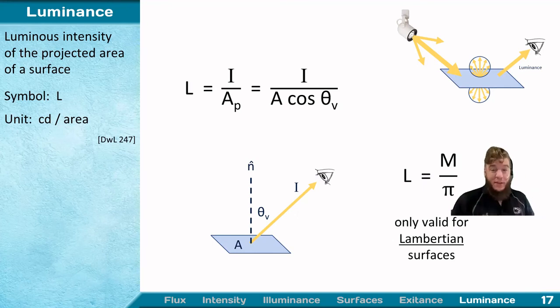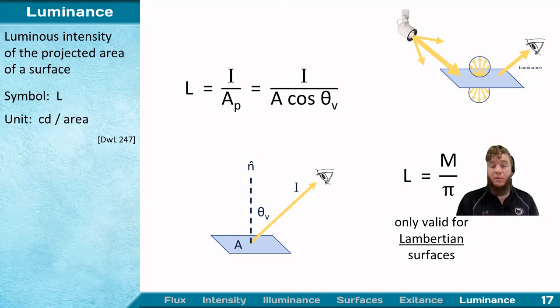And we'll break that down on Wednesday as exactly what that means and exactly how pi relates here. But we can use this now, just remembering that luminance is equal to M over pi for Lambertian surfaces only.